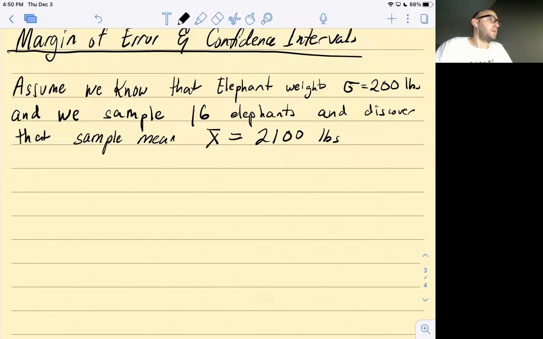This is X bar, right? We don't know what mu is. The question that you might be given is, find an interval that has a 95% chance of containing mu.